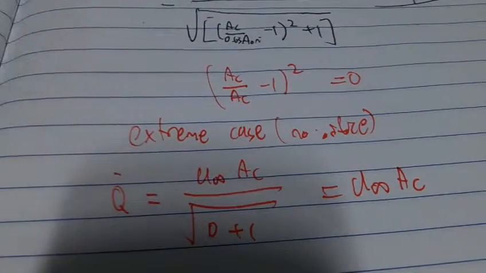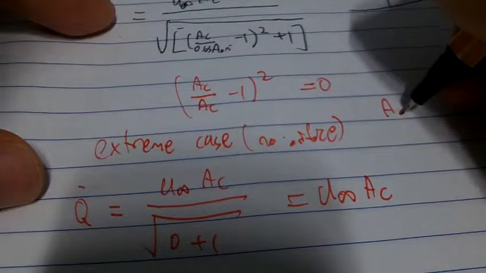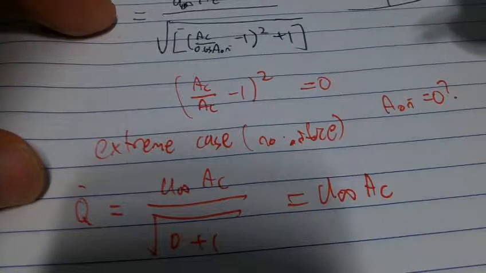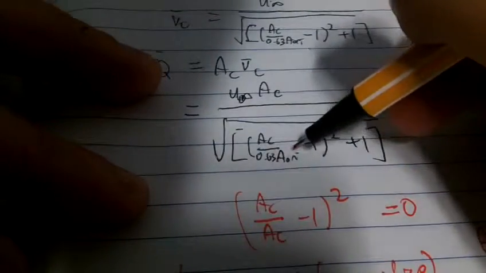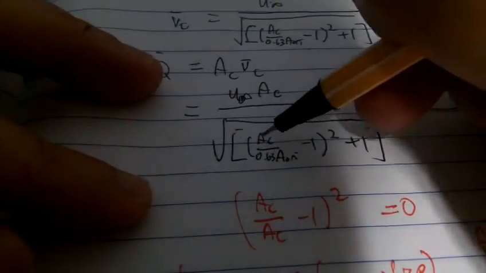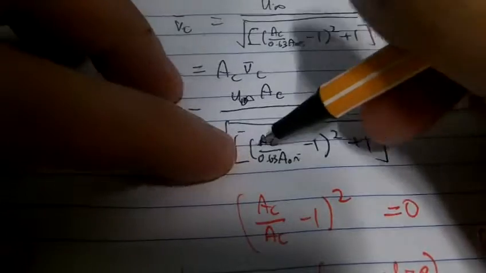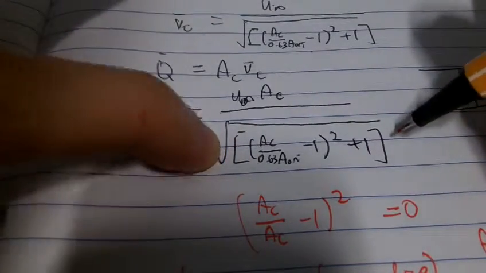Now imagine if A orifice is just 0 because the whole thing is closed. Alright, now what happens? If A orifice is 0, this entire term here will become infinite or undefined. So whatever's inside this square root is undefined and infinitely big.